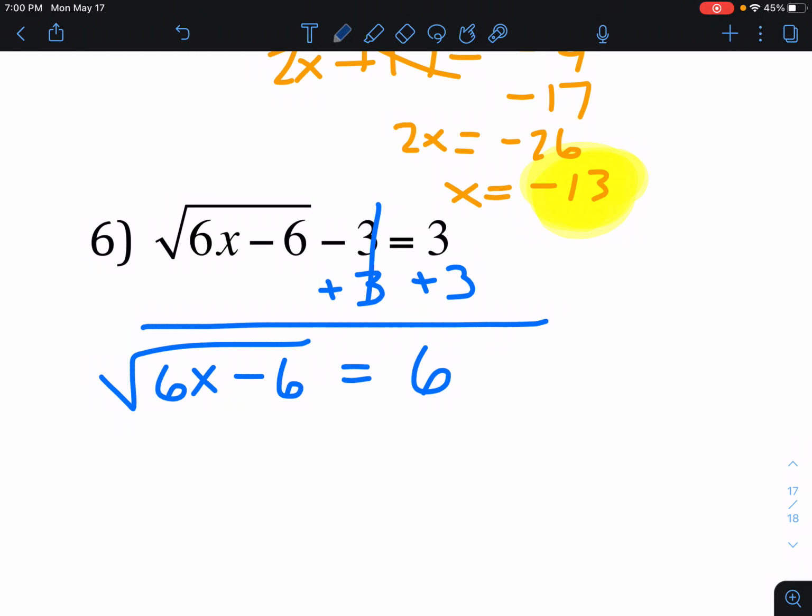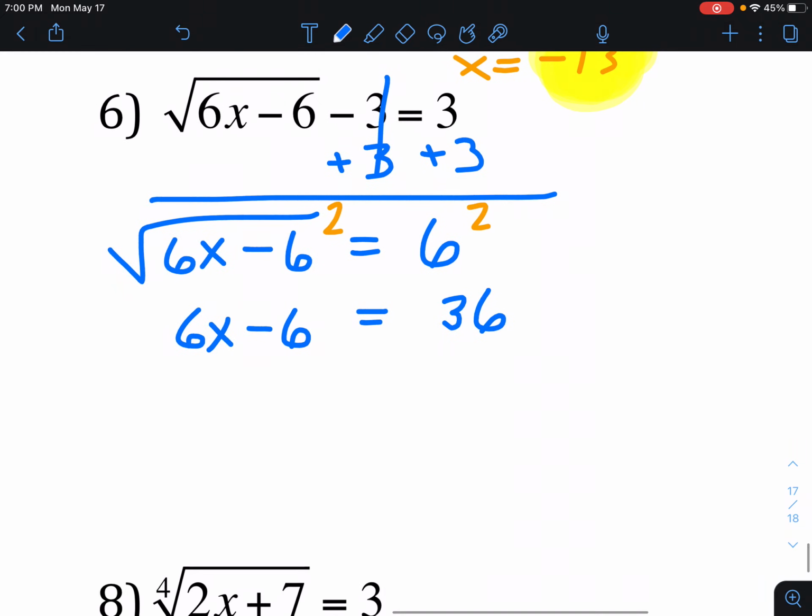Now we can square both sides. The radical can go away. And then 6 squared will get 36. And we're going to add 6. Just solving for x now. Add 6. And then divide by 6.